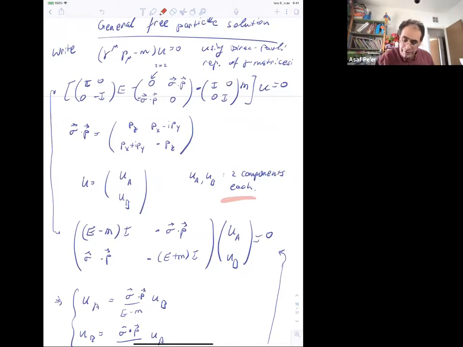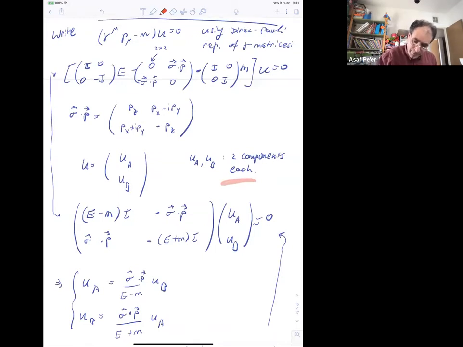And U is a 4-component spinor. Okay, thanks for pointing it out, that's quite important. Each one of those UA and UB has 2 components, so overall we have a 4-component spinor.